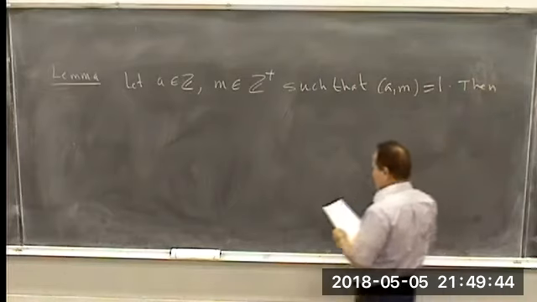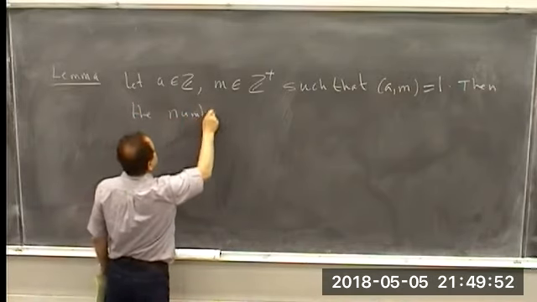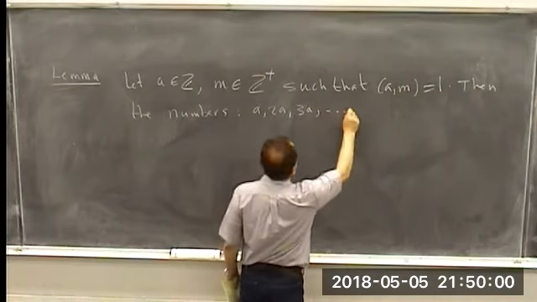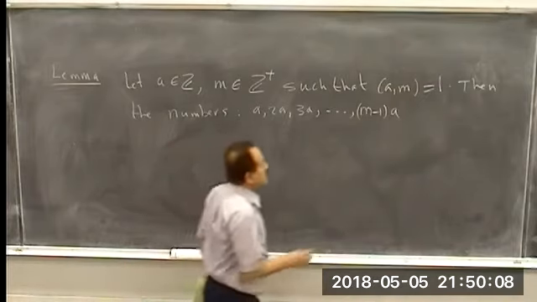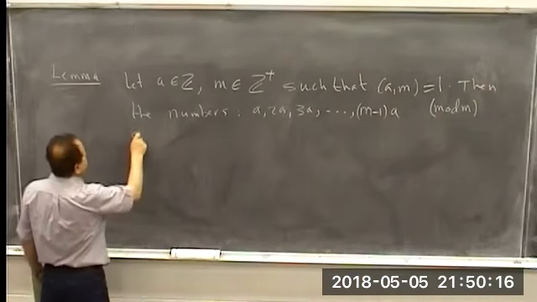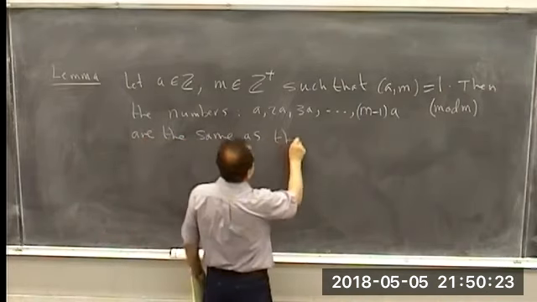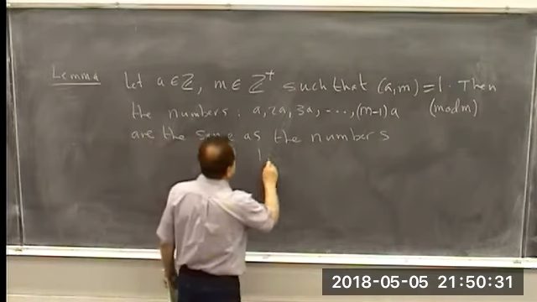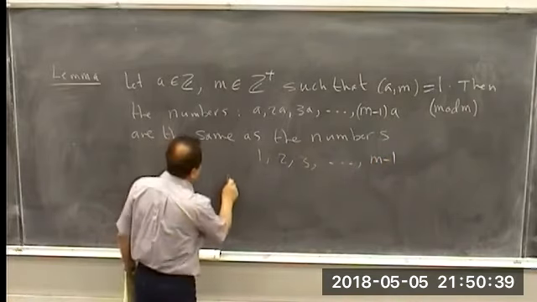Then the numbers a, 2a, 3a, up to m minus 1 times a are the same mod m as these numbers: 1, 2, 3, up to m minus 1, maybe in a different order.